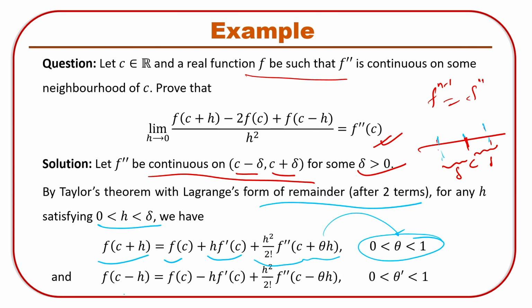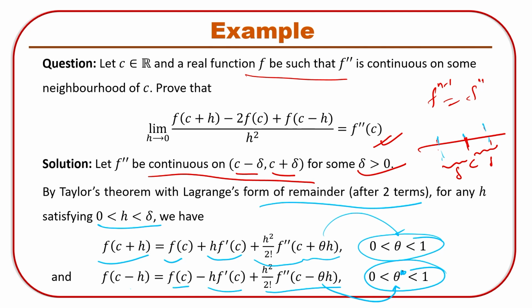Similarly, f(c minus h) is equal to f(c) minus h f dash of c plus h square by factorial 2 f double dash of c minus theta h, where theta lies between 0 and 1.